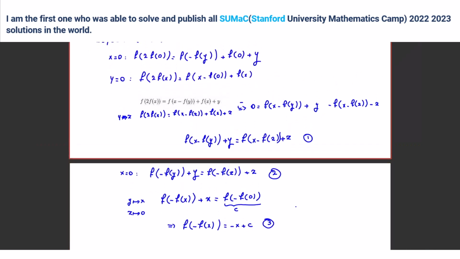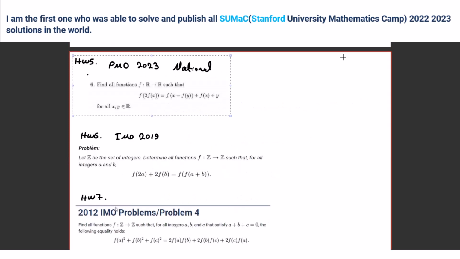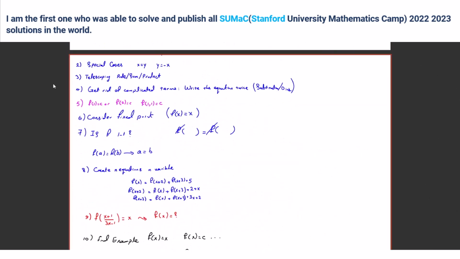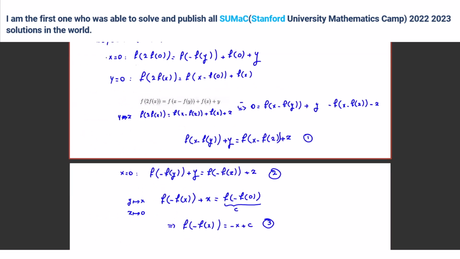Now we found f of negative f of x. In the points that I told you last session, I told you sometimes you should check whether f is 1 to 1 or not, okay? And the definition is this. You know 1 to 1 means what? You should prove that if f of a is equal to f of b, then a is equal to b, okay?